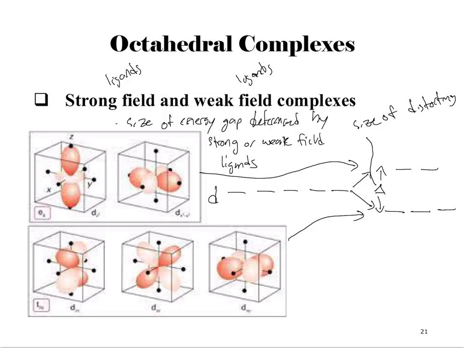Whereas if this energy is really not that different, if it doesn't split it a whole lot, then you'll start filling in all of them before you start pairing electrons. If you have paired or non-paired electrons, that affects magnetic properties of the material as well, right? So these ligands, and I put ligands here, but these can also be atoms or molecules that represent your crystal lattice too. All of these things affect how the energy levels of these d orbitals change.